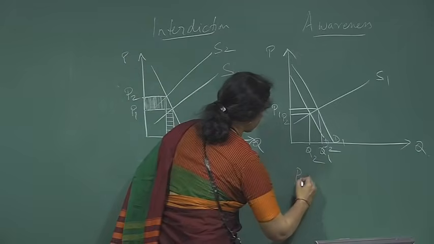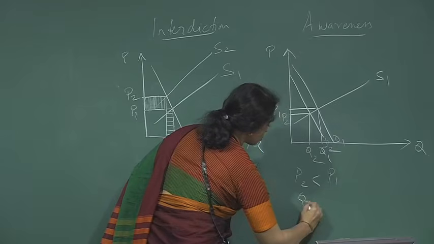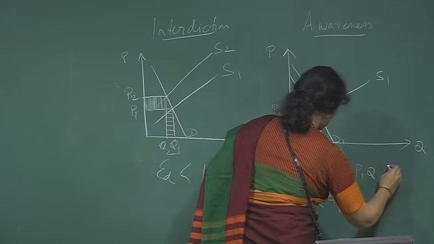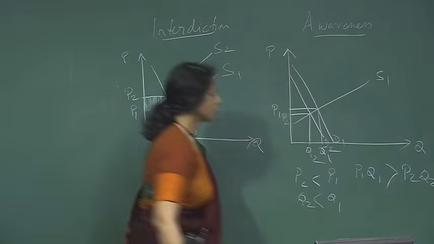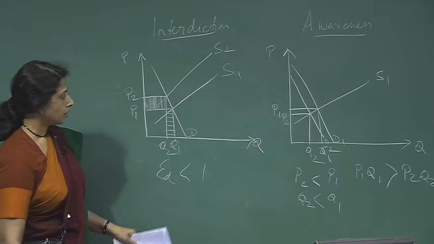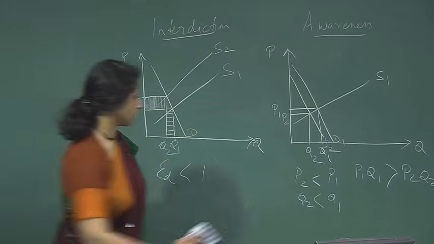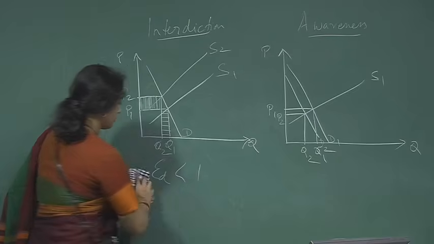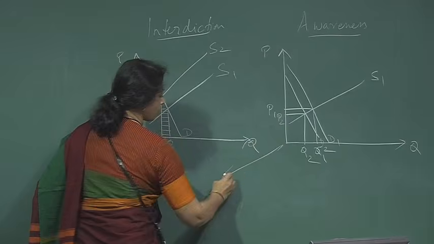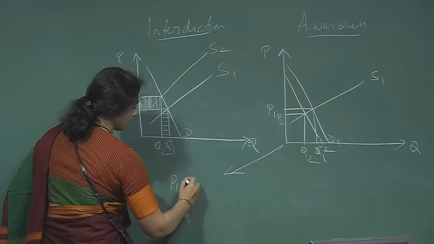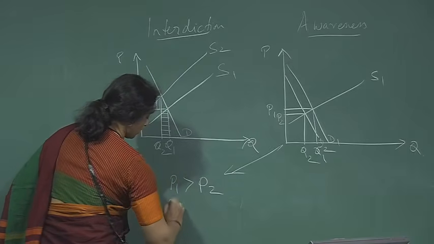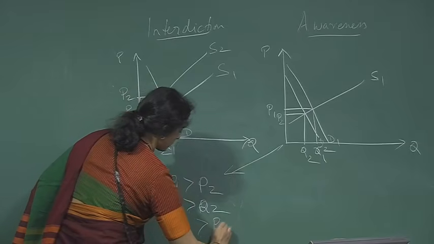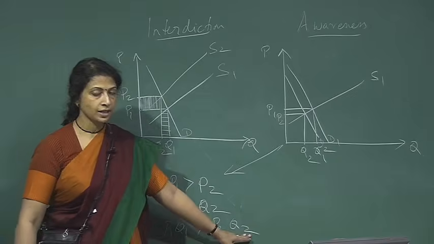So P2 is less than P1, Q2 is less than Q1, and P1 Q1 is much more than P2 Q2, which shows that in case of awareness, when you create awareness, P1 is more than P2, Q1 is more than Q2, and P1 Q1 is more than P2 Q2.